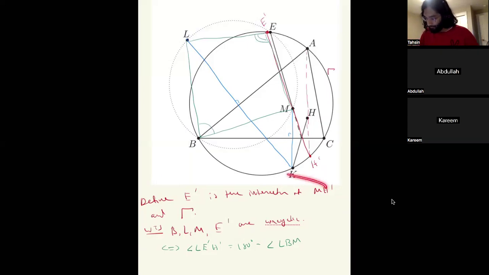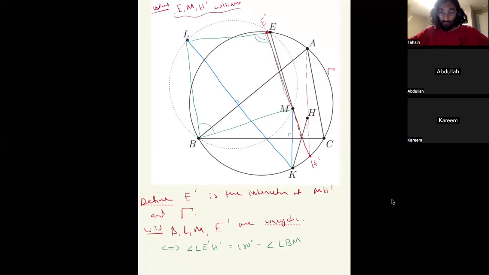So remember what we were trying to show before? What we want to do is show that E, M, and H prime are collinear, right? This is because we showed that MH prime and KH intersect on BC, so to show that EM and HK intersect on BC, you just have to show this. Is that okay?